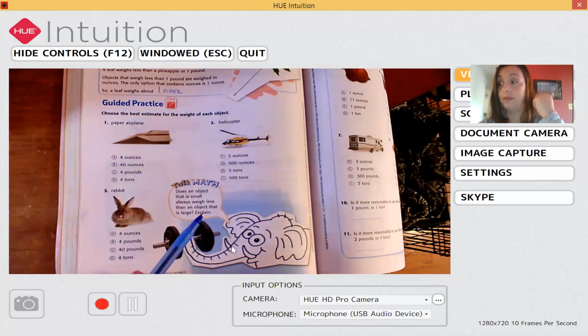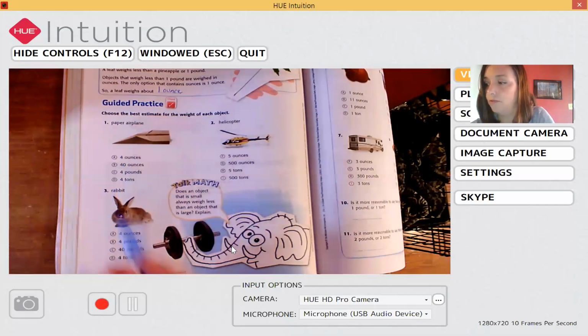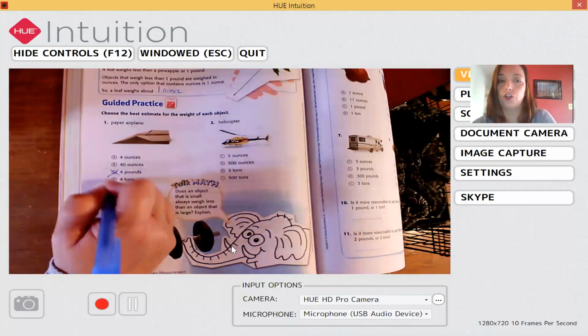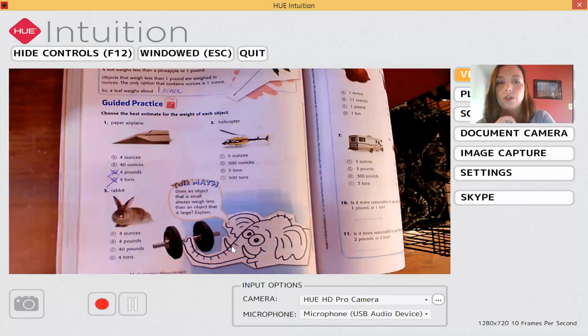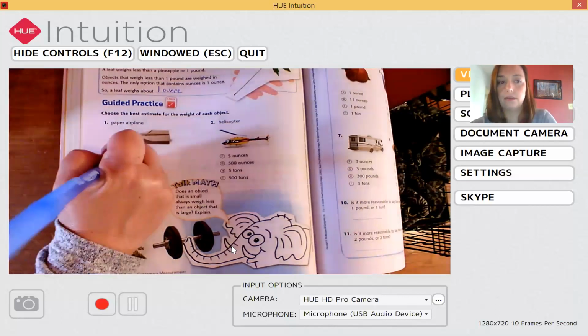Well, I think it would be less than a pineapple. So that means that I would want to weigh this in ounces. So I can cross off the pounds and the tons. For sure, those are too big. So I need to think, would a paper airplane be about the weight of 4 strawberries, or about the weight of 40 strawberries? I'm thinking 40 strawberries would be too heavy, so I'm going to choose 4 ounces.